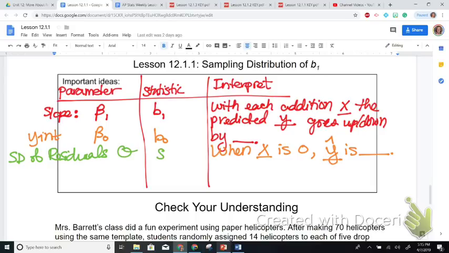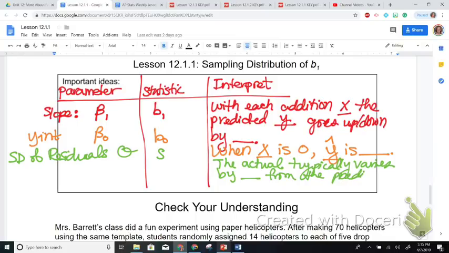For the statistic, we use S. And when we're asked to interpret that, we say that the actual typically varies by blank, whatever your standard deviation of your residual is, from the predicted.